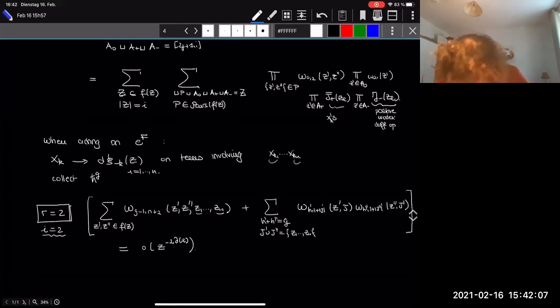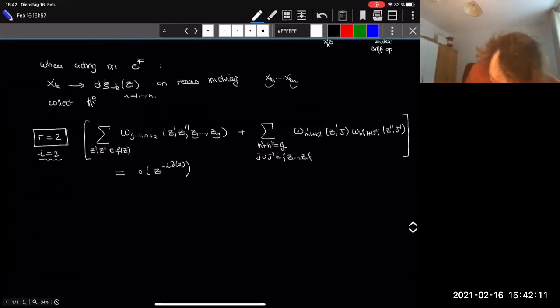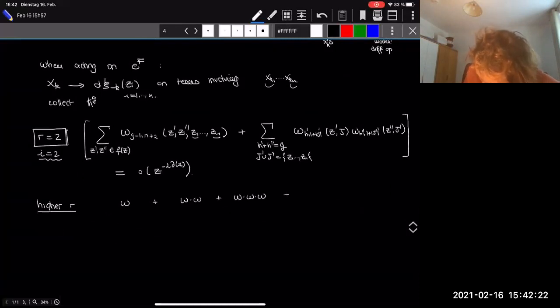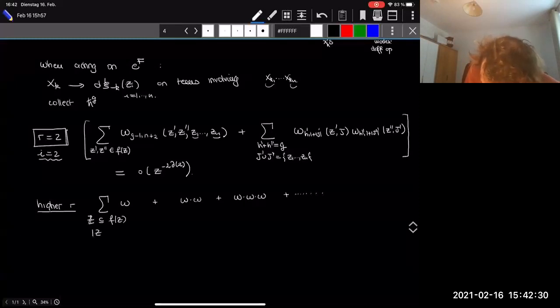Whatever this delta was in your initial constraints. For higher r, well, you just see more terms. You see omega, omega, omega, omega, omega, omega plus, etc. And you're going to sum over these cardinality I subsets.